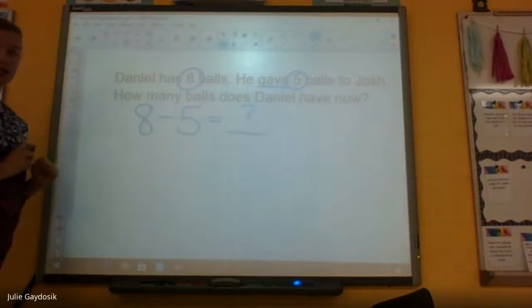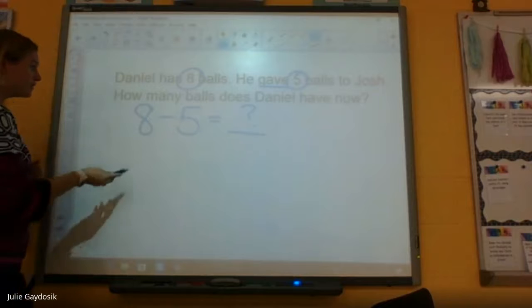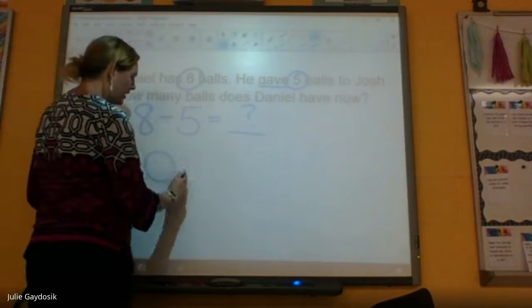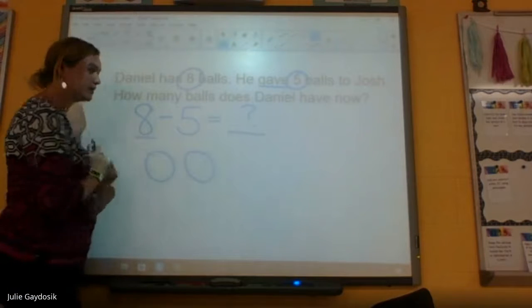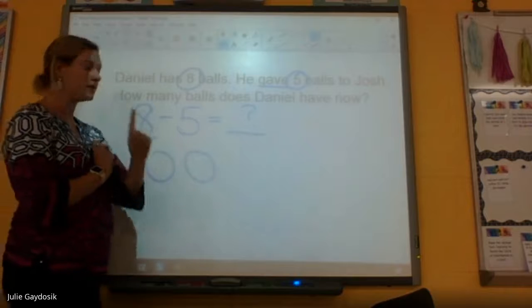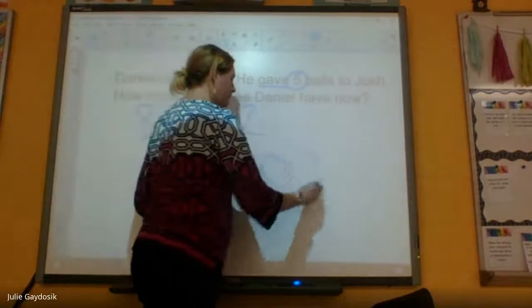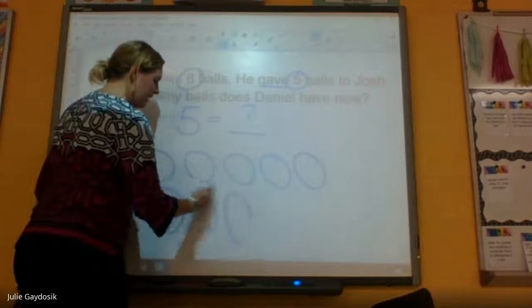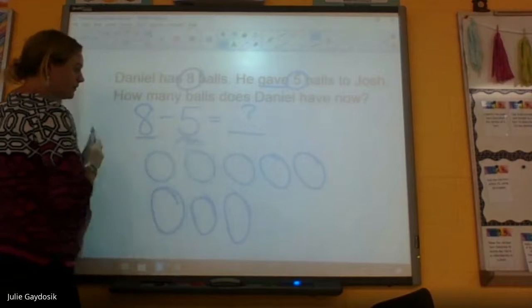Now I'm going to use a picture to solve this word problem again. So 8 minus 5. I'm only going to draw 8 circles because in subtraction you only draw the first number. So 1, 2, 3, 4, 5, 6, 7, 8. And then I'm going to take away, or X out, those 5.